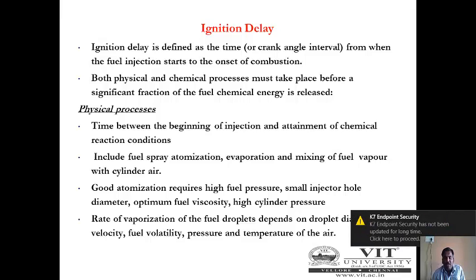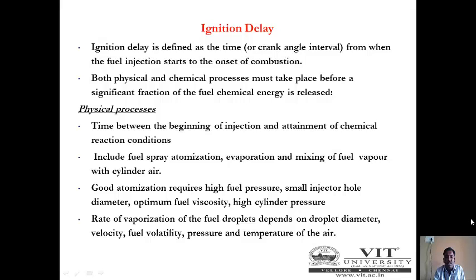These are the parameters that directly affect the physical delay period. So the fuel must be injected at very high pressure, the fuel nozzle diameter must be very small, the fuel viscosity must be low, and the compressed air cylinder pressure must be very high. And the rate of evaporation of fuel droplets depends upon the droplet diameter, velocity, fuel quality, and the pressure and temperature of the incoming air.